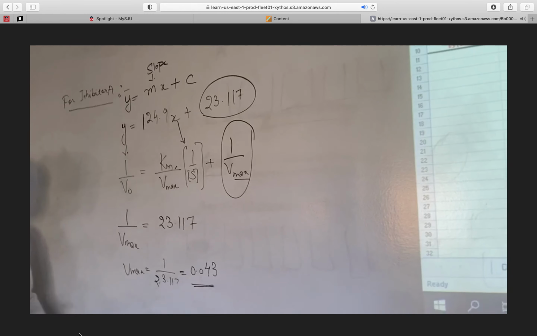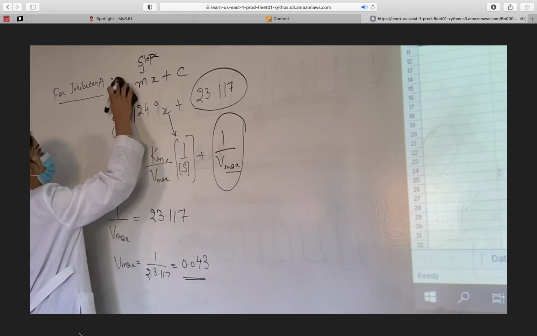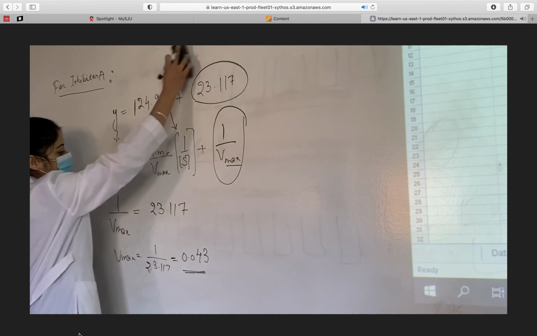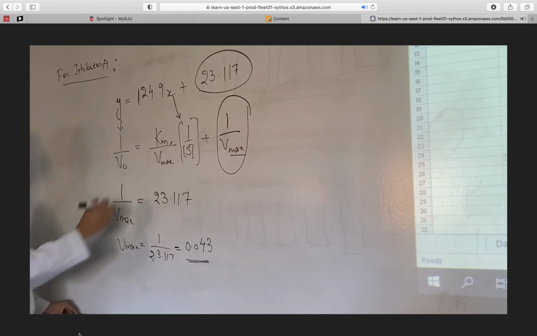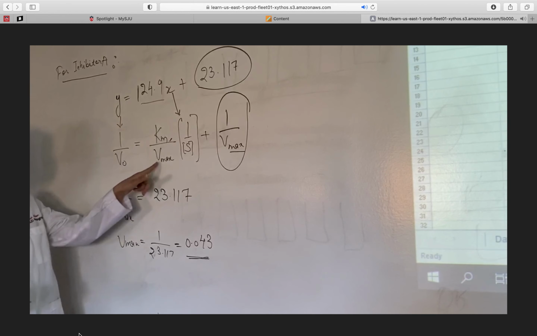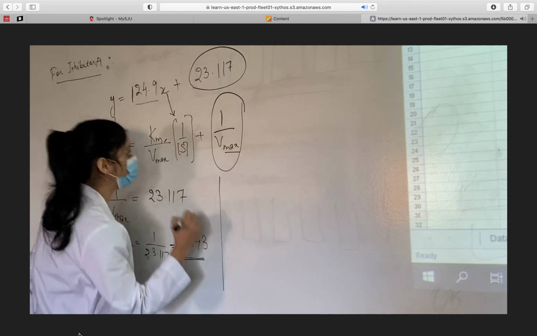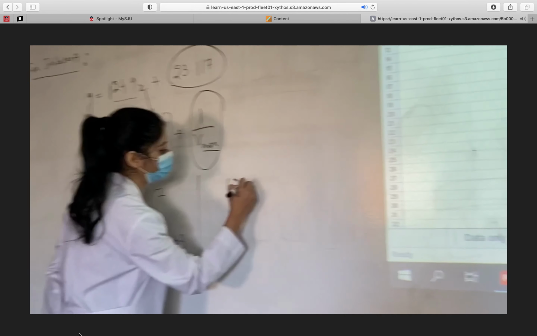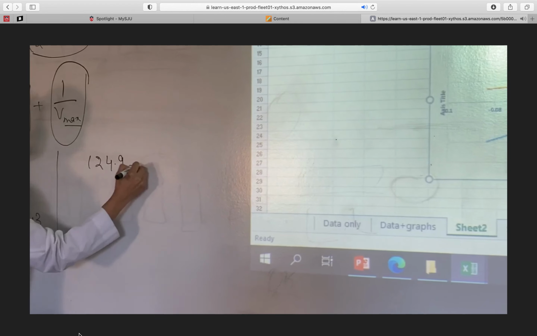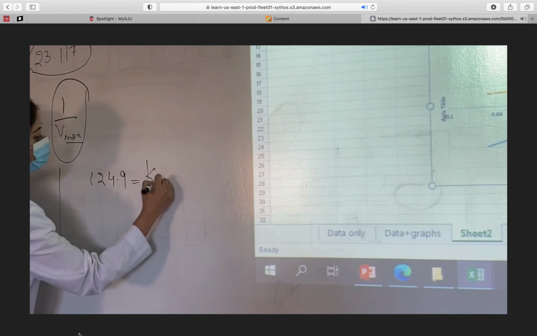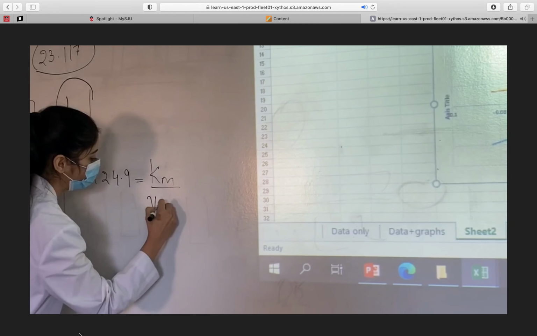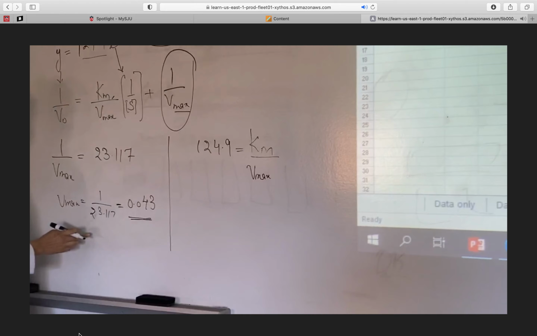Now we know the Vmax value and we want to calculate the Km value. So we are done with this part. Now we will compare the slope. We know that the slope is 124.9, which is equal to Km upon Vmax. And Vmax we have already calculated.